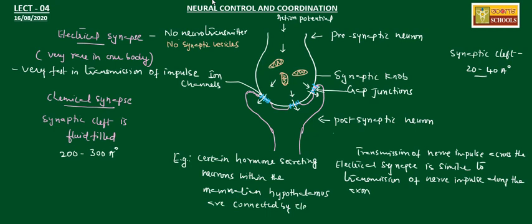So this is how the transmission of nerve impulse takes place across the electrical synapse. In the next session we shall see about the central nervous system of humans.